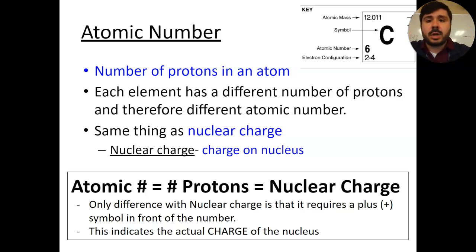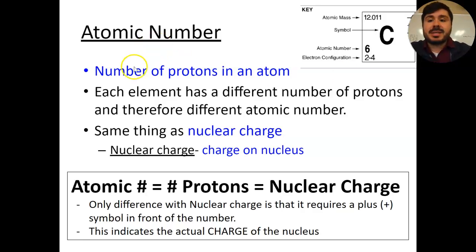The very first thing we're going to look at here is the atomic number. When you look at the periodic table, the atomic number is the bolded number in the bottom left-hand corner, right? That's going to be the case for every single one of our elements on the periodic table. Now, the atomic number tells you something about the specific atom of that element.